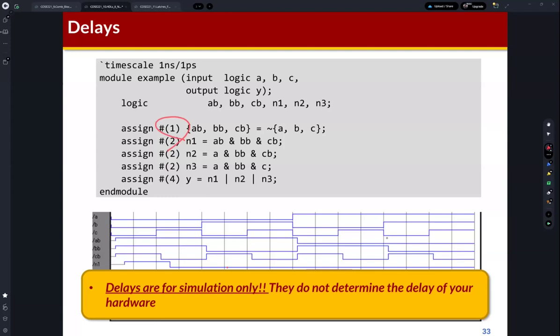But it's not true. Actually, delays and timing specifications in SystemVerilog cannot be synthesized into hardware. It's simulation only. Okay?